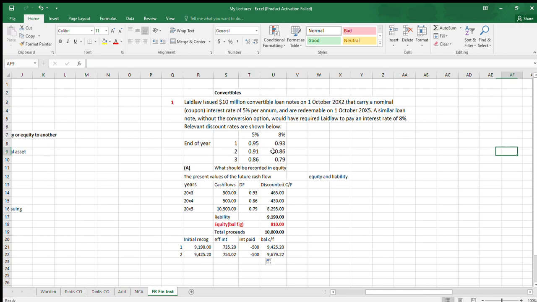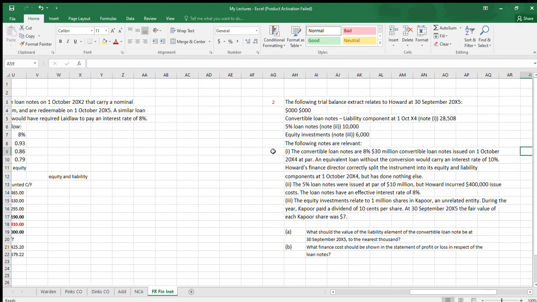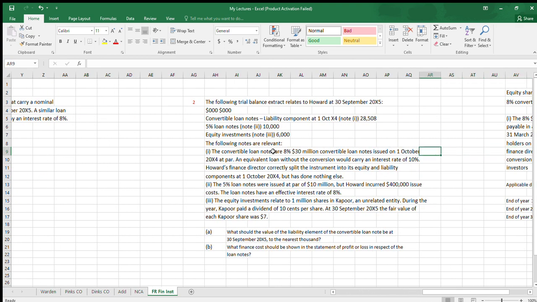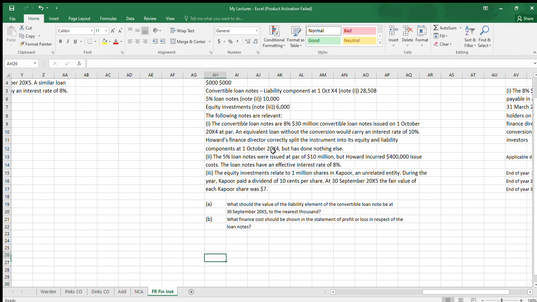I have another question here. Very detailed one. Question 2. So when they give you a question, what you need to do is read the requirement. Now the requirement is saying: A, what should the value of the liability element of the convertible loan note be?